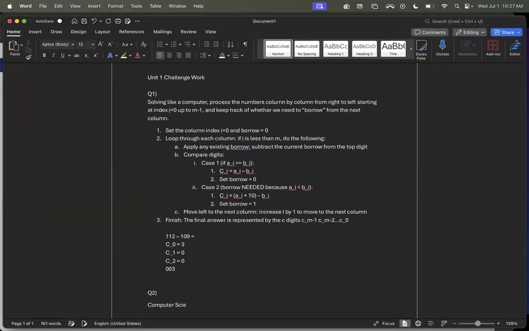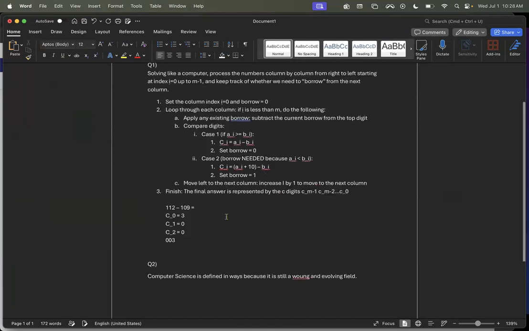So we would just say something like, computer science is defined in many ways because it is still a young and evolving field. Go ahead and scroll up.